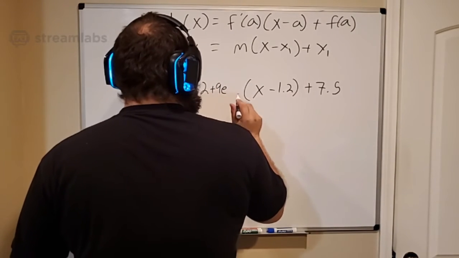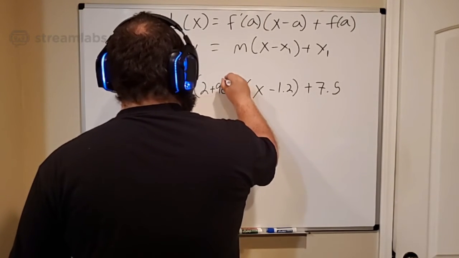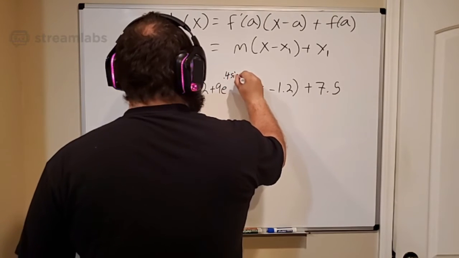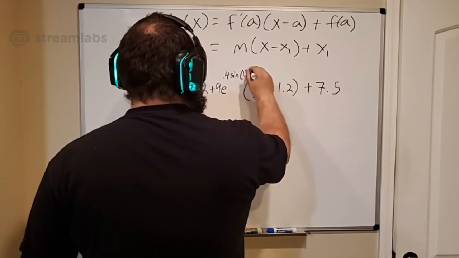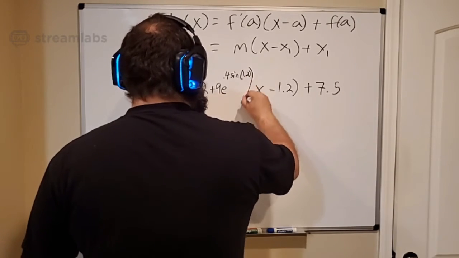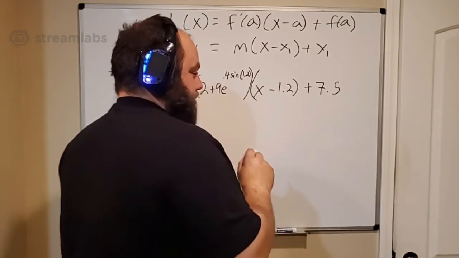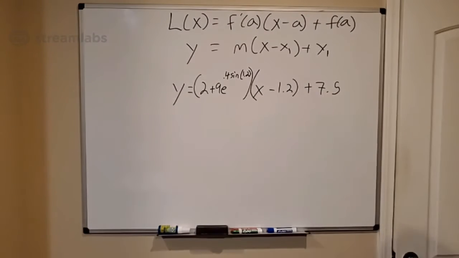Yes, it's working, Annabelle. And our t is 1.2. Also, whoever's crinkling something, you should learn push to talk as well. So there is your linearization formula. Now, obviously, I would suggest, since this is calculator active, figuring out what 2 plus 9e to the 0.4 sine of 1.2 is. I didn't have my calculator on me at the time, so I don't know what that is, but do that.